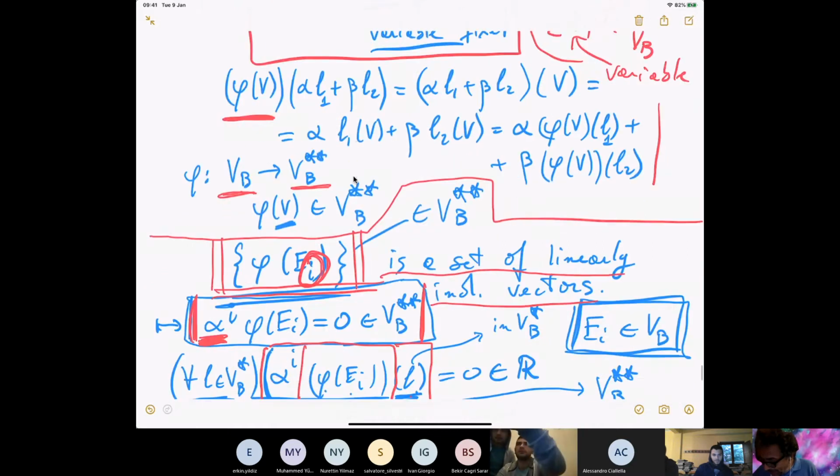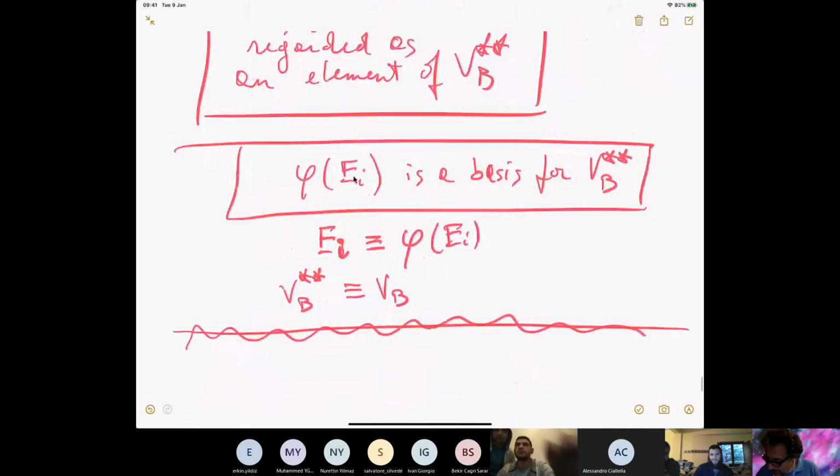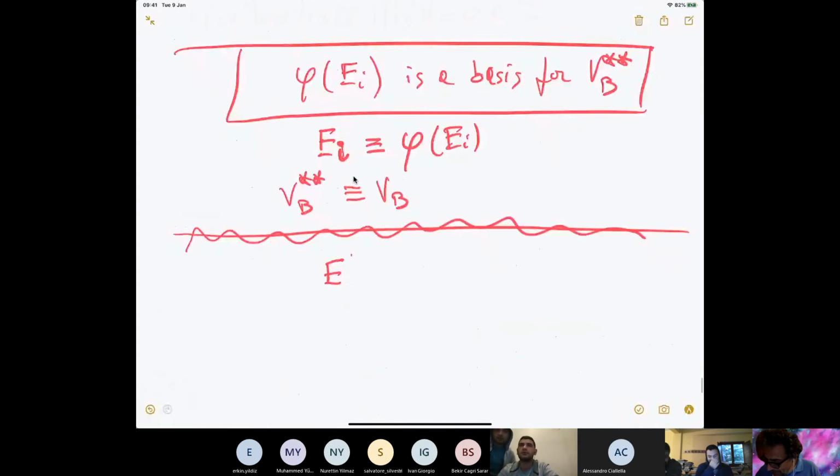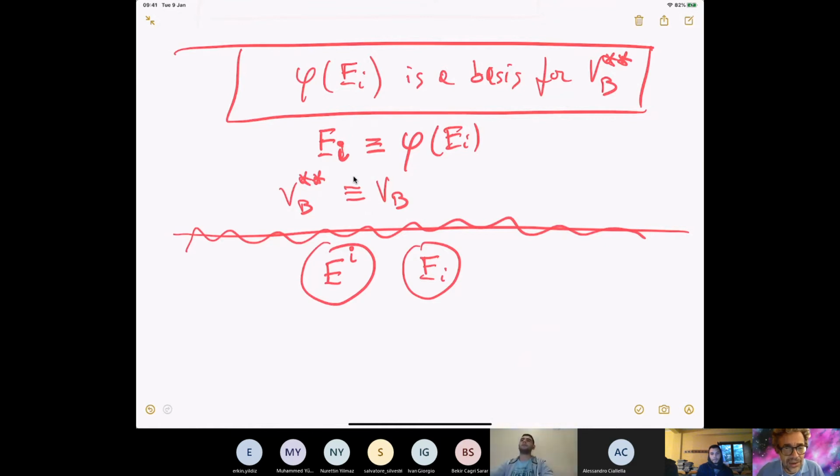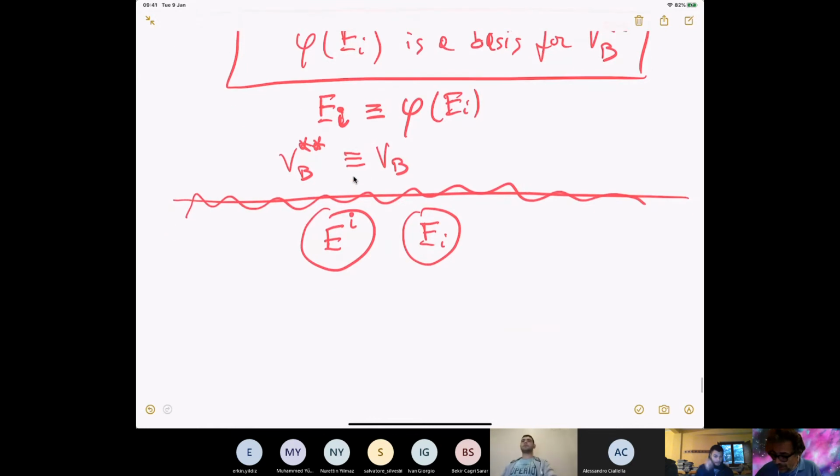Why? Because after having written EI at the top instead of writing EI at the bottom, I forgot to be wrong at the beginning, and I was treating a vector as a covector, and so this caused me a series of mistakes, one after the other.